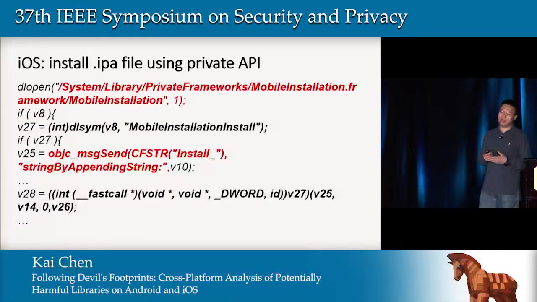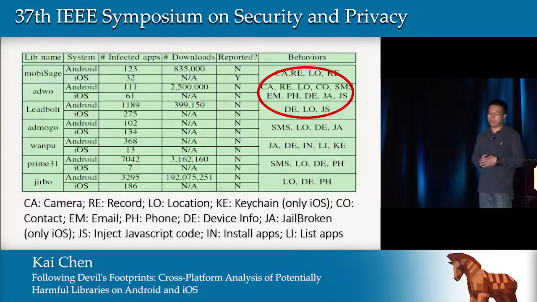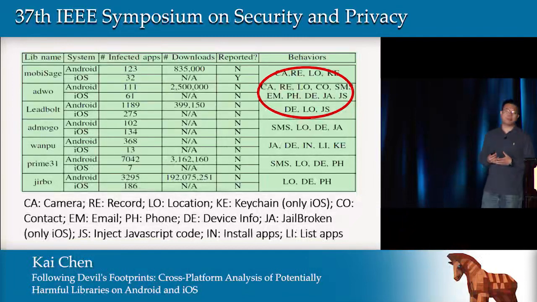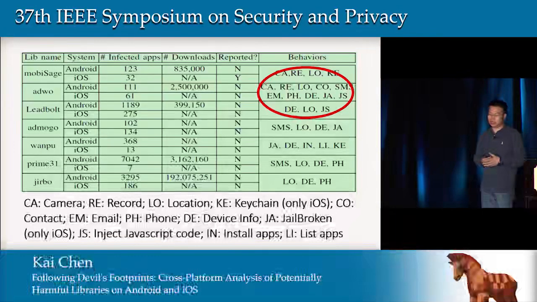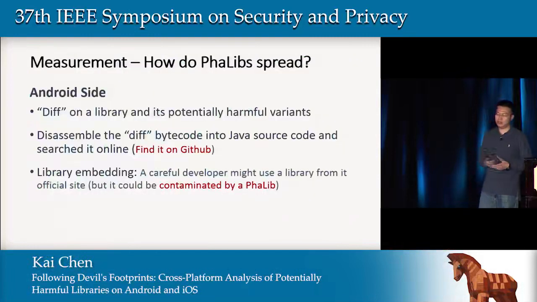The file is in an enterprise certificate, and it uses a private API to install, like here, in red font. We also found that some libraries have many potentially harmful behaviors inside. For example, here AdWall can use the camera, record audio, and get location and send it out, and has some other behavior inside.